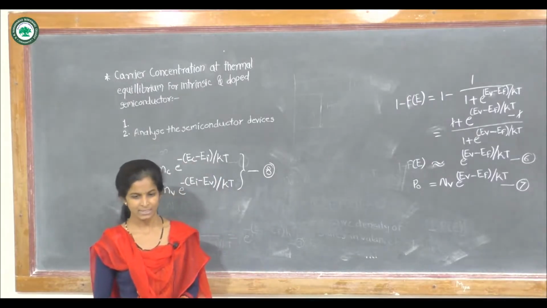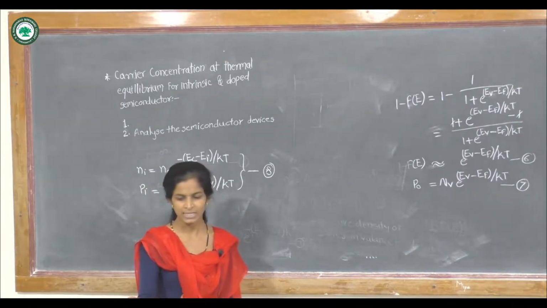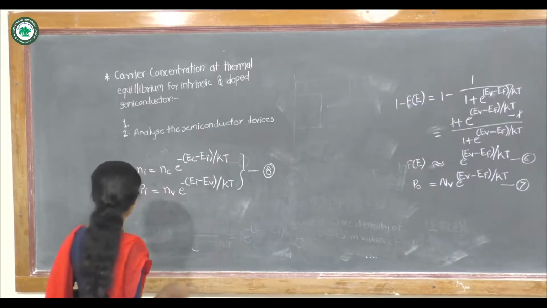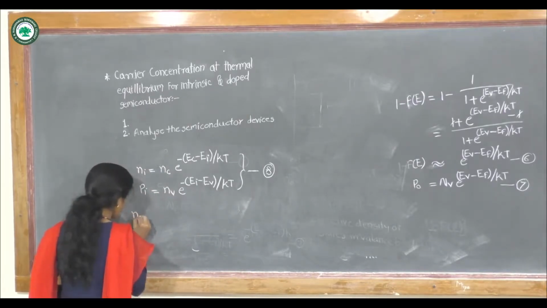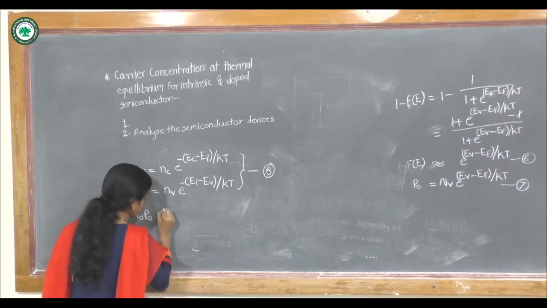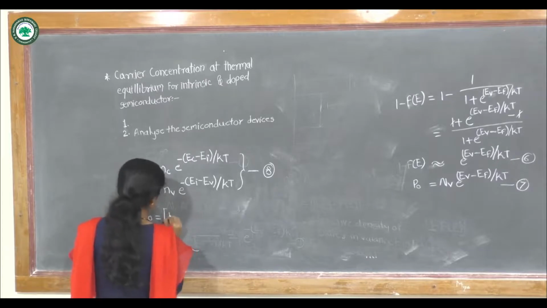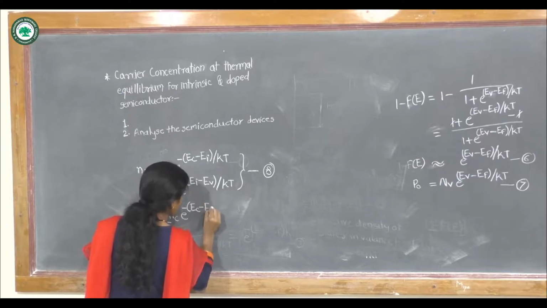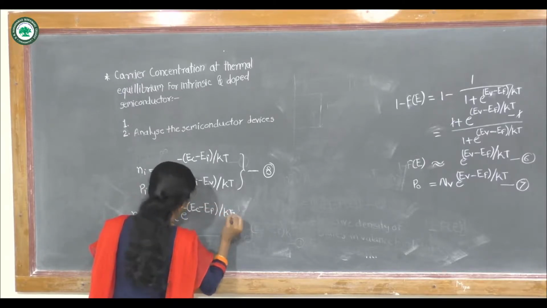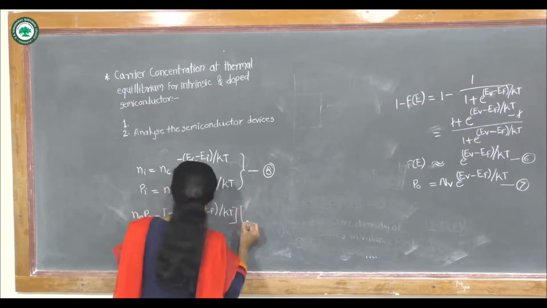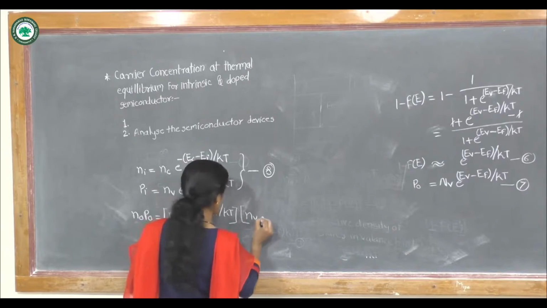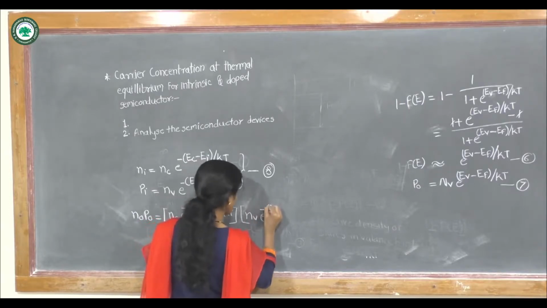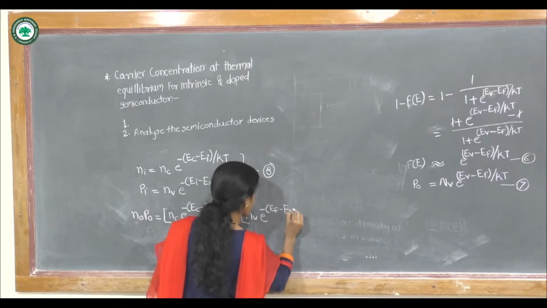So these both are equation number 8, and the product n0 and p0 at equilibrium is constant for a particular material and temperature, even if the doping concentration is varied. So one may write n0 into p0 is equal to Nc into e raised to minus (Ec minus Ef) upon kT, into Nv into e raised to minus (Ef minus Ev) upon kT.